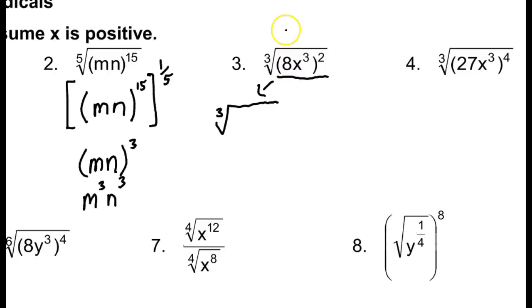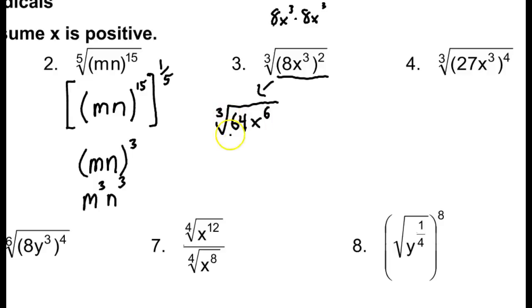So what is 8x to the third times 8x to the third? That's what this means, 8x to the third squared. So your answer would be 64x to the 6th, because remember, you add exponents when you're multiplying, so we're using more rules from the previous lessons. 3 plus 3 is 6.